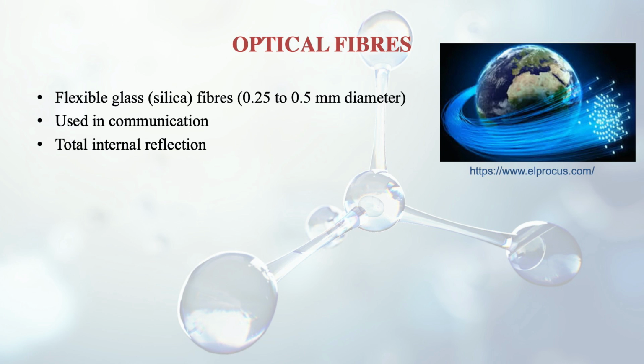The fibers have also been used as sensing elements. There are a number of ways in which optical fibers can be used as sensors, but the most common and popular method is by means of fiber Bragg grating, or FBG in short.